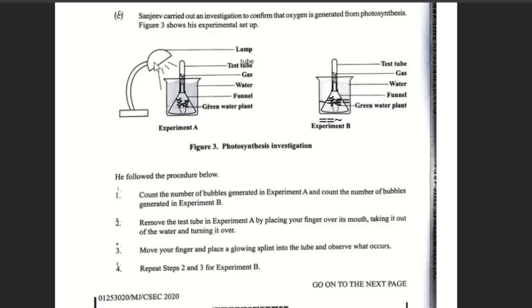We don't know how the room was, but all we know is that experiment A had a higher light intensity, so it was getting enough light to carry out photosynthesis. If we know the formula, we know that light is a necessity for photosynthesis to take place, so they need light.